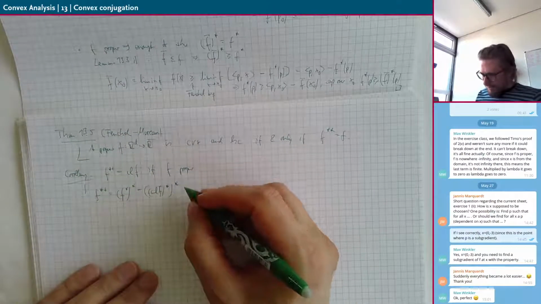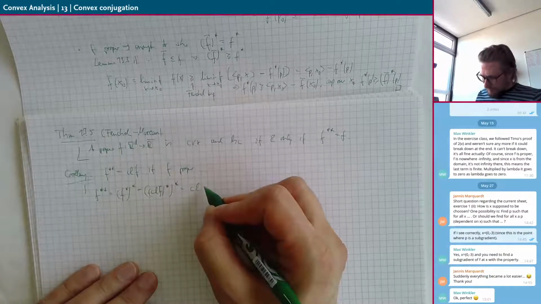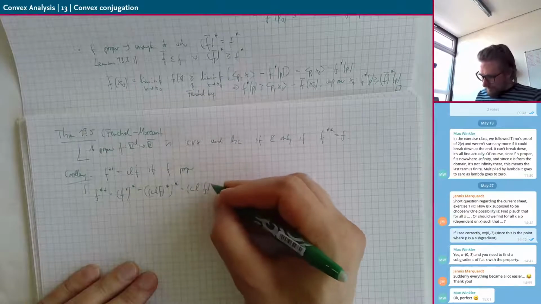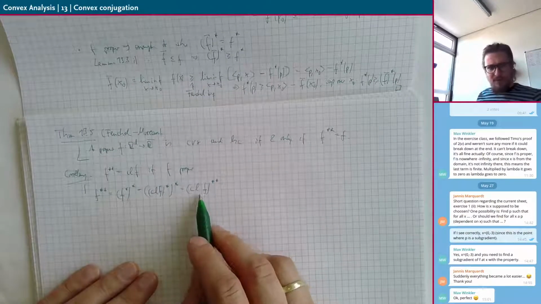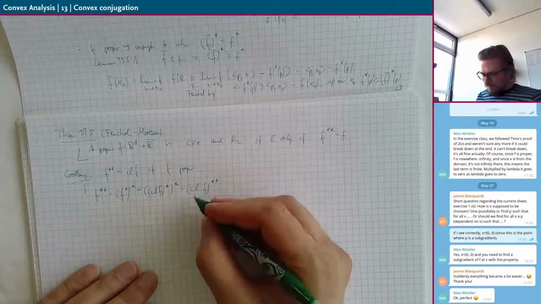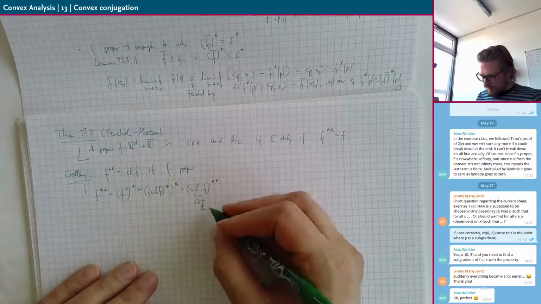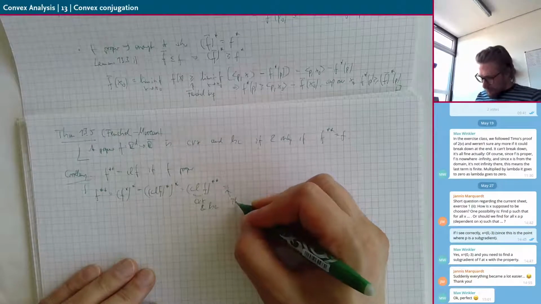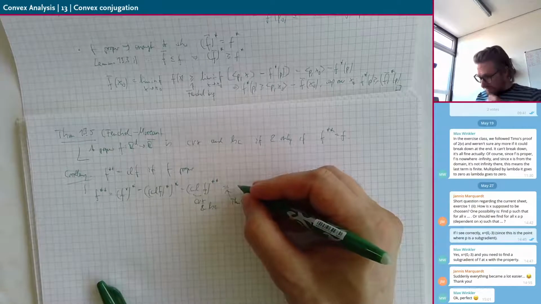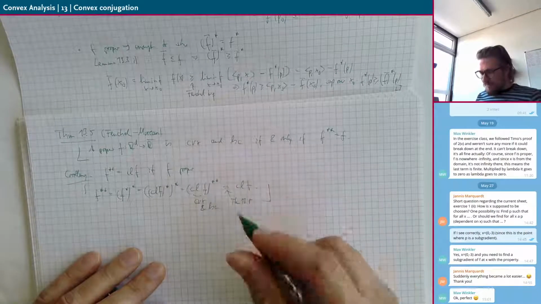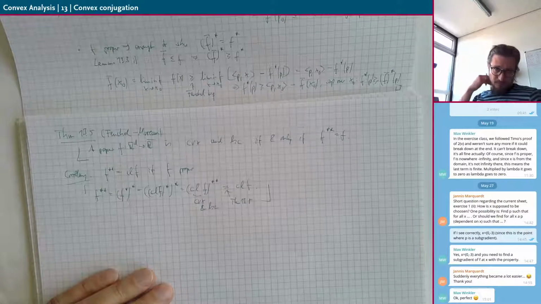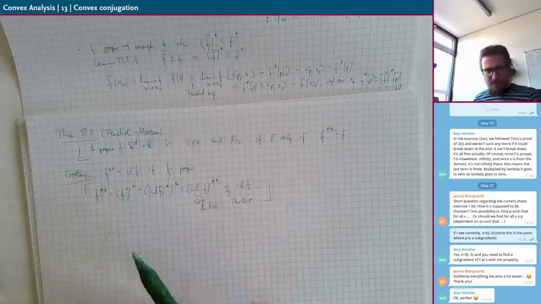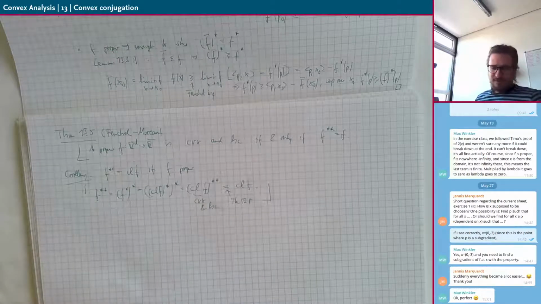Okay, and so this is the biconjugate of the closure of f, but this here now is convex and lower semi-continuous. And then by Fenchel-Moreau, this shows us that this is the closure of f. And this is what we wanted to show. Okay, so we also have that fact that if we do the biconjugate, we get the convex and lower semi-continuous envelope of a function.